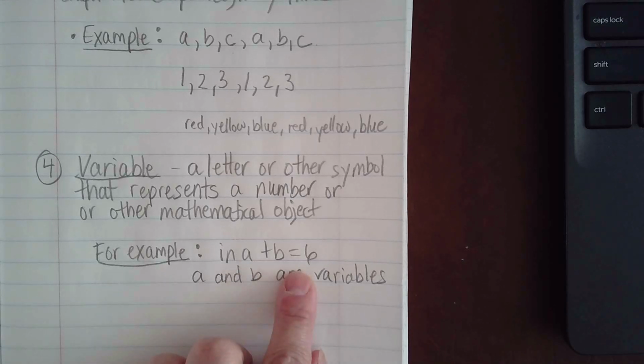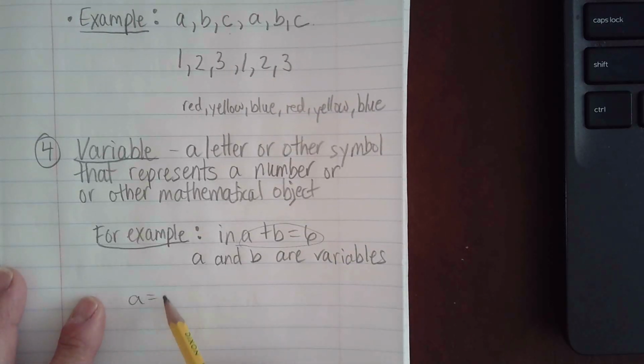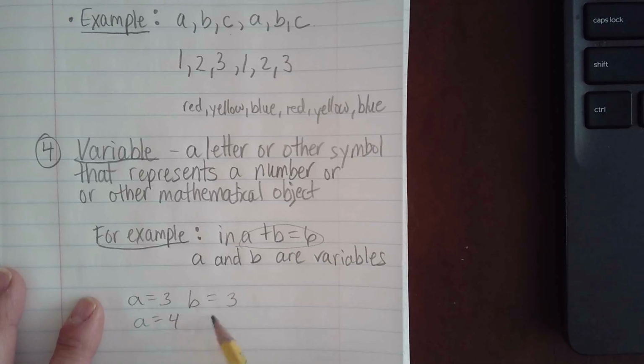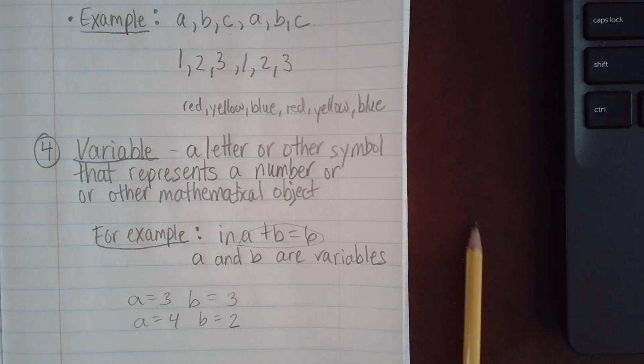Okay, so in this case, if I were to ask you what could A and B equal, you could tell me in this case A could be equal to 3 and B could be equal to 3. You could tell me A could be equal to 4 and B could be equal to 2. Okay, no matter how you look at it, these are the variables, and those variables represent numbers.